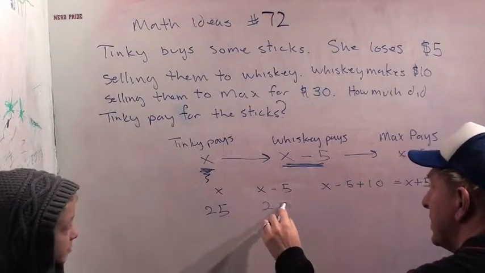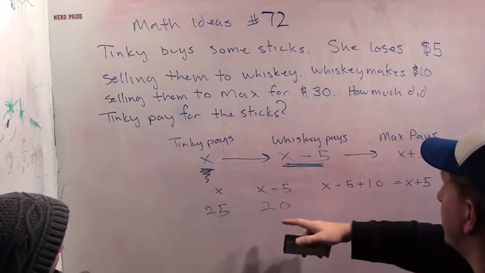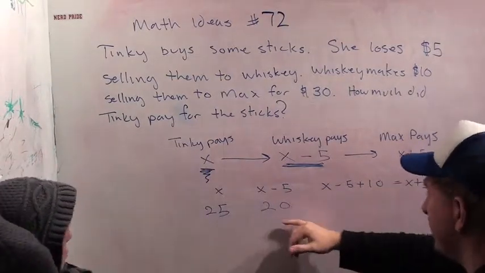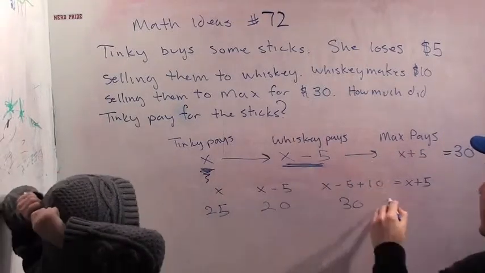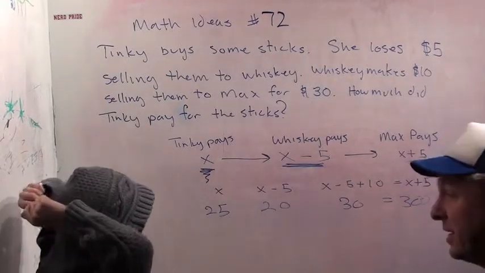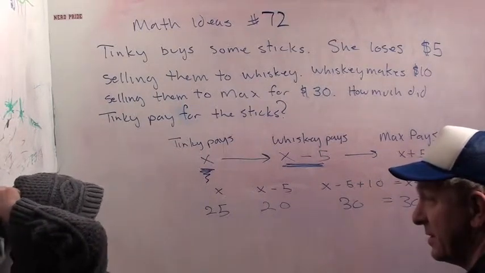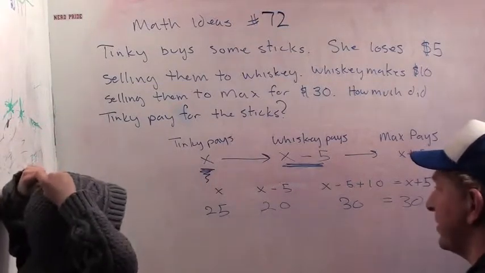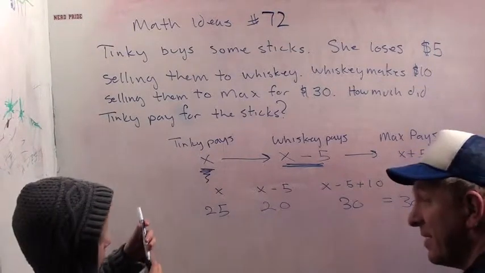And then Whiskey makes a $10 profit selling them to Max, so what's 20 plus 10? 30. Does 30 equal 30? Yes. Every single time. So 25 must be the right answer. How much did Tinky pay for the sticks? 25. Good job.